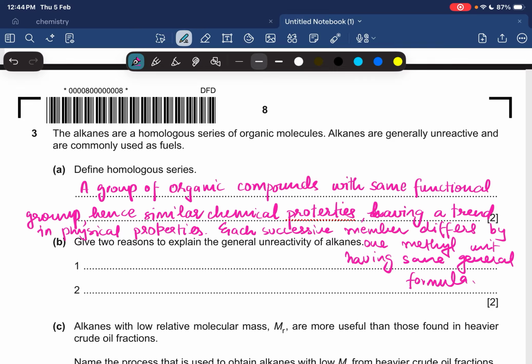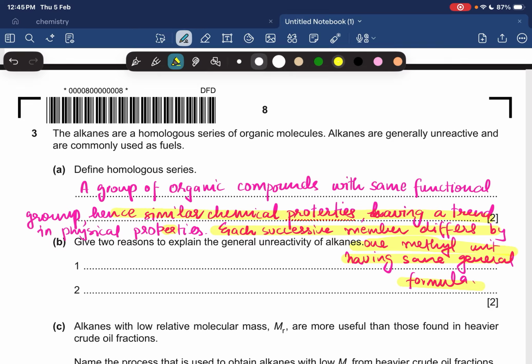Now I tell you what's there in the marking scheme out of all the things we wrote. A family of molecules with the same general formula. So they have this general formula thing, then they have the molecular formula differs by 1 methyl unit, and then they have similar chemical properties or reactions.